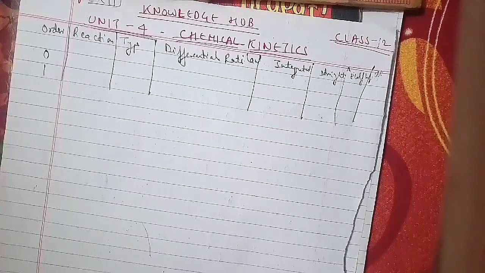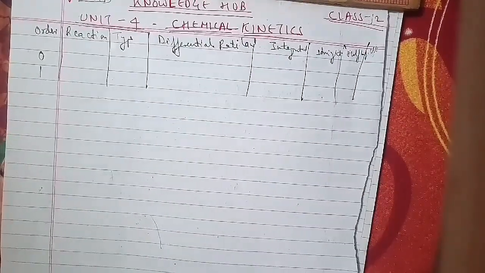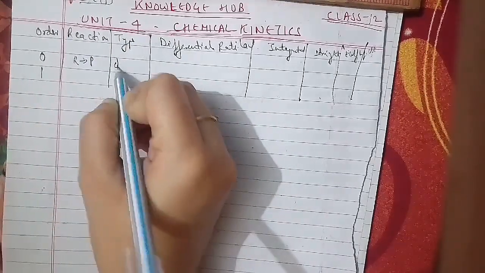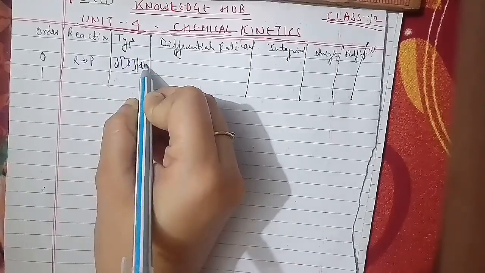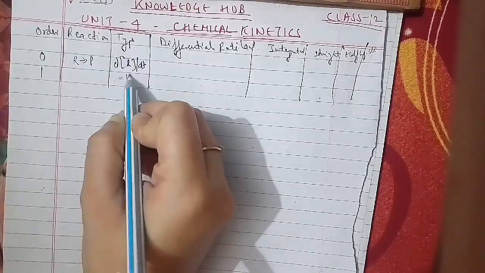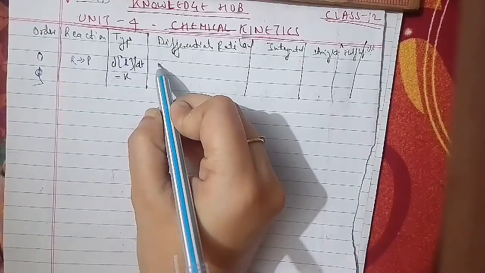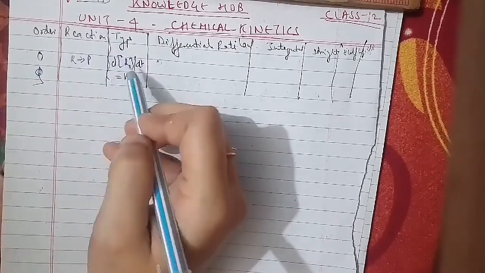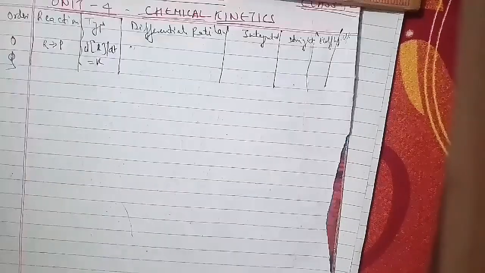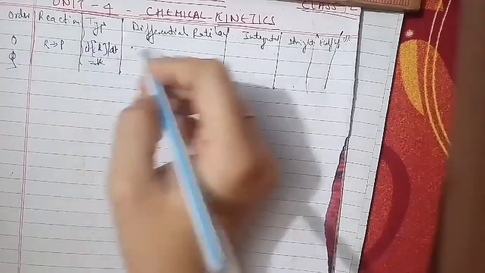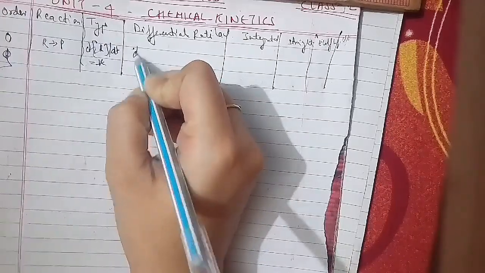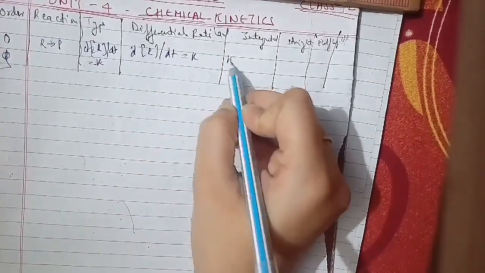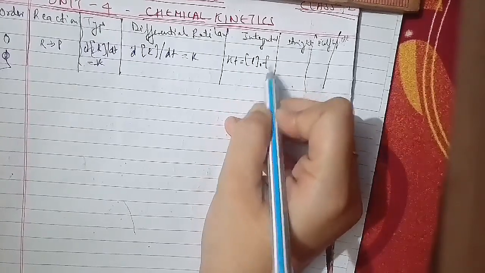Now for the zero order, the reaction is R tends to P, and the differential rate law is d[R]/dt equals to minus K. For the integrated law, Kt equals to [R]0 minus [R].